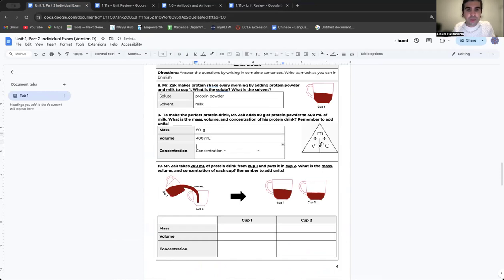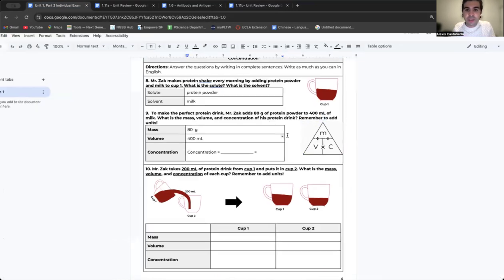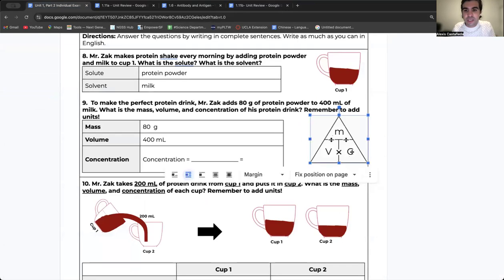To find our concentration, we can use our concentration triangle. Concentration is the letter C here. If I cover the letter C, I am left with mass divided by volume. So mass is 80 grams, and I'm going to divide by a volume of 400 milliliters. So 80 grams divided by 400 milliliters.